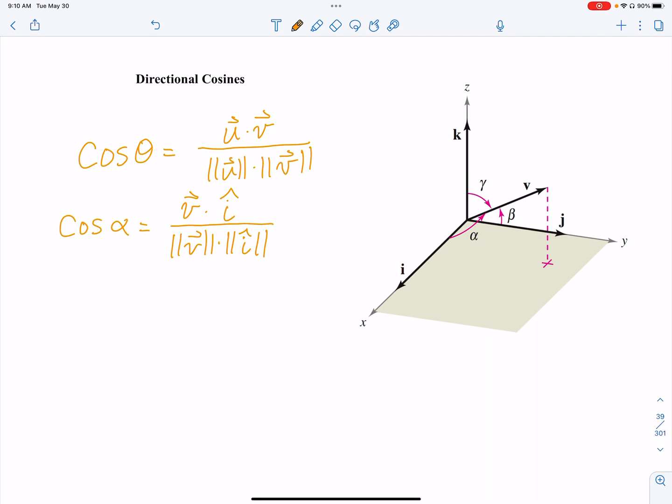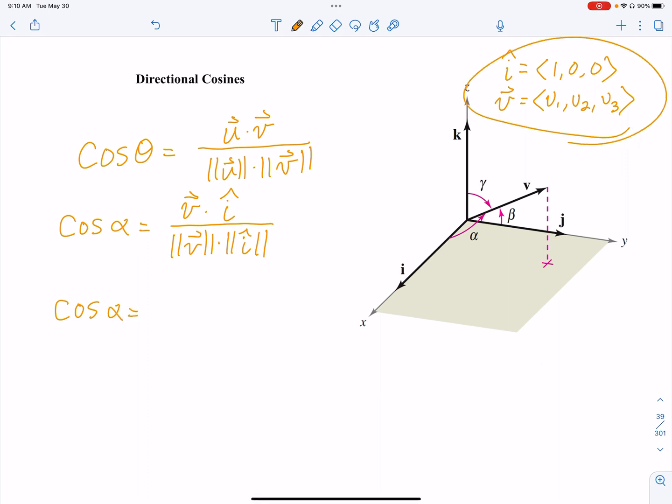All right, I want to remind you what I is. I is 1, 0, 0. It's a unit vector in that direction. And we don't know what V is, we're trying to come up with formulas, so we're going to just call V, V1, V2, and V3. If I were to dot V and I, the only thing that's going to come about is V1.